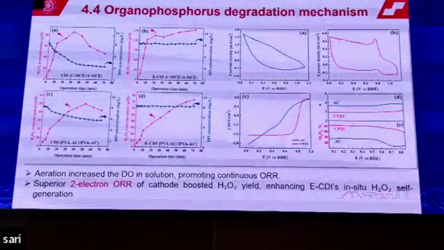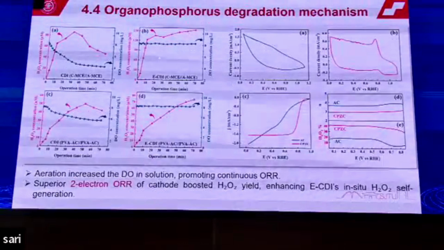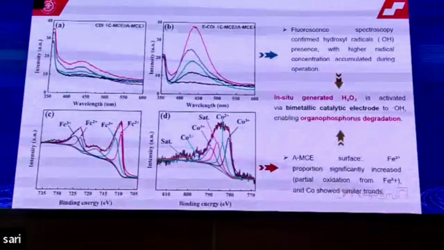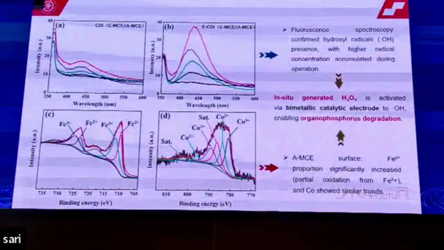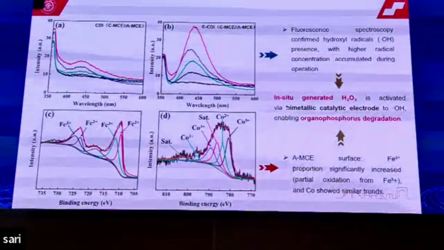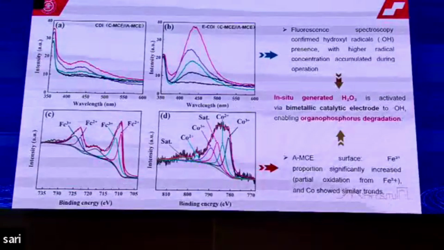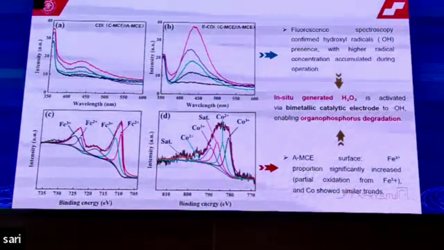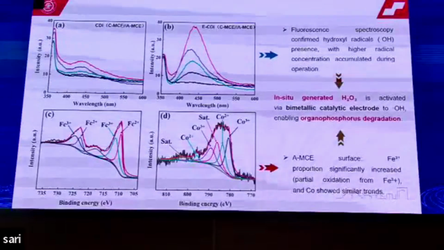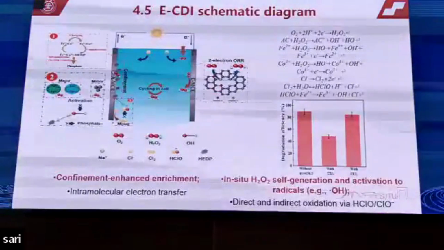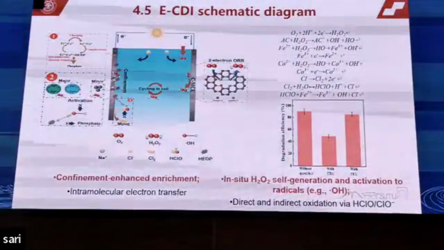We can directly find that the production of H2O2 was really increased. For the further investigation, we tried to see whether it really converts the generated H2O2 to the functional groups. And we use the FTIR and the XPS result to confirm the hydroxyl radical production. And finally, we draw a schematic diagram of this process.